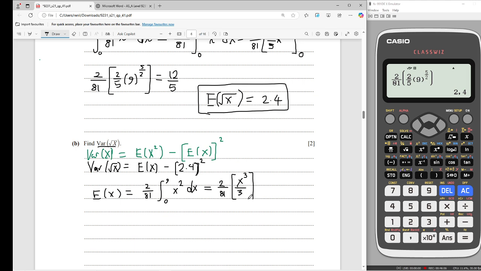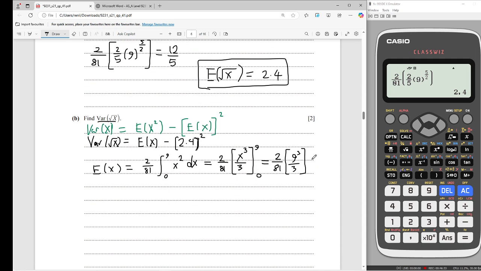Once again we need to plug in our limits when x equals 9 and then minus it with x equals 0. But just to save us some more time, when we put in x equals 9 we get a value, but when we put x equals 0 we get no value, so subtracting it would have no effect. So right here we have 2 by 81 multiplied by 9 cubed divided by 3.